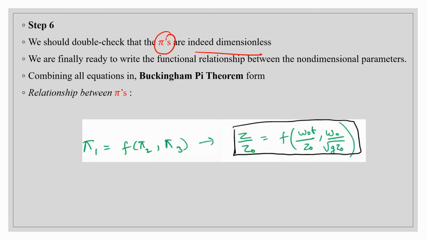So you can write it like this, as I have already told you, I can write pi1 as a function of pi2 and pi3. So this is my pi1, this is equal to a function of pi2 and pi3. This theorem is very powerful because it describes the relationship between the parameters.